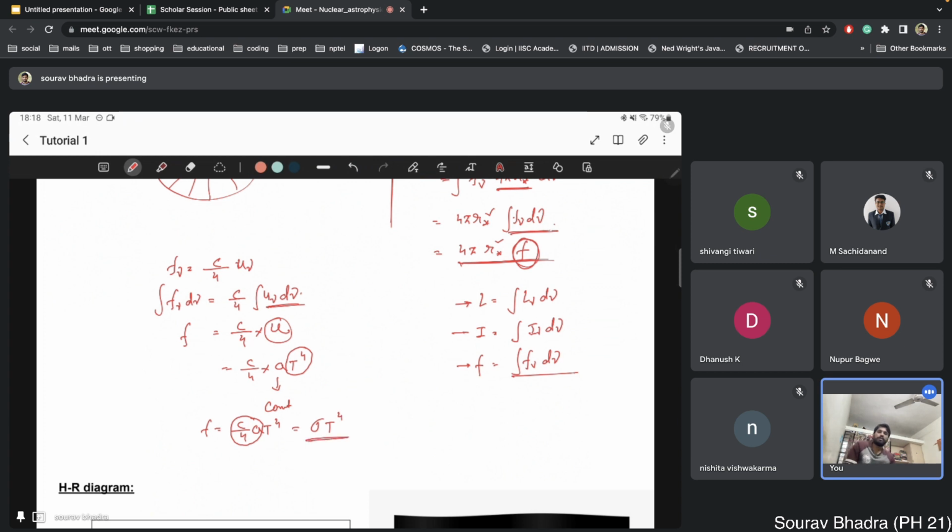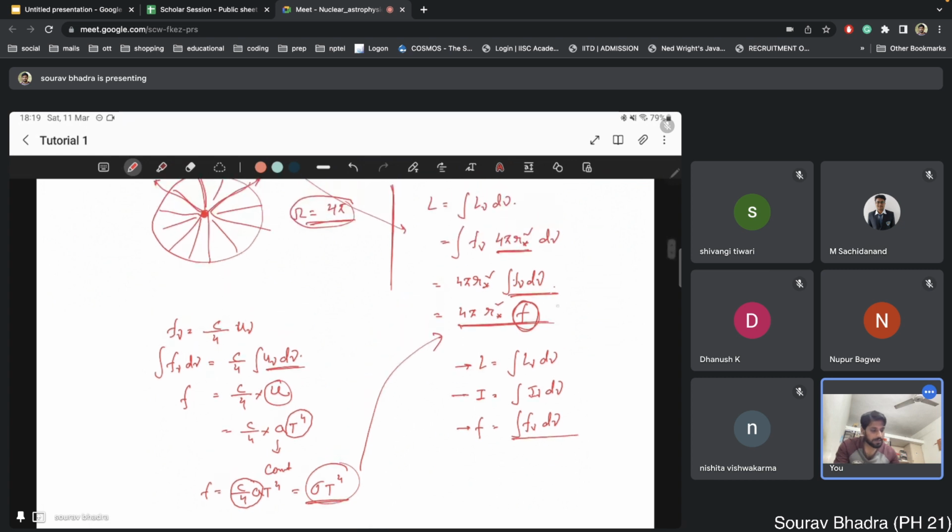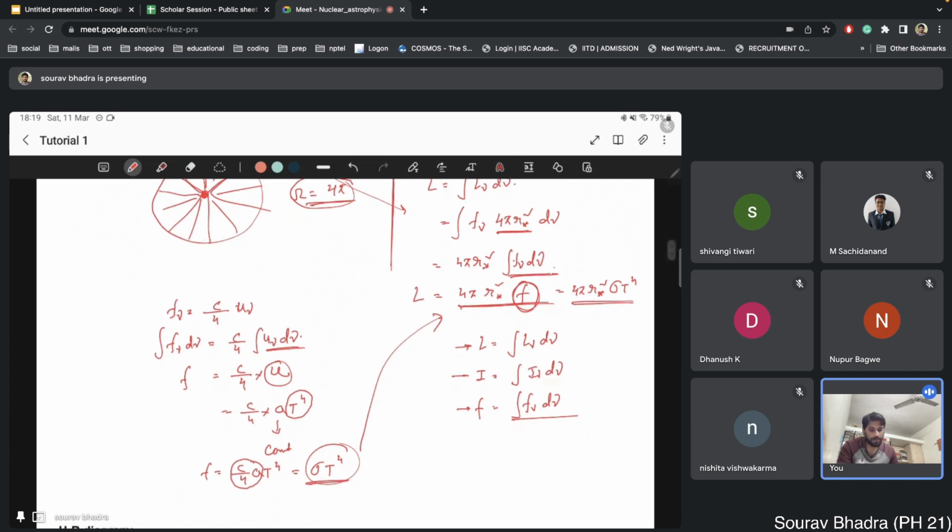Okay. So the F, which is the flux integrated over the whole energy range, is sigma T to the power 4, and just put this value in this expression and you will get 4 pi r star square sigma T to the power 4, which is very important for the HR diagram. So I will write it here: 4 pi r star square sigma T to the power 4.